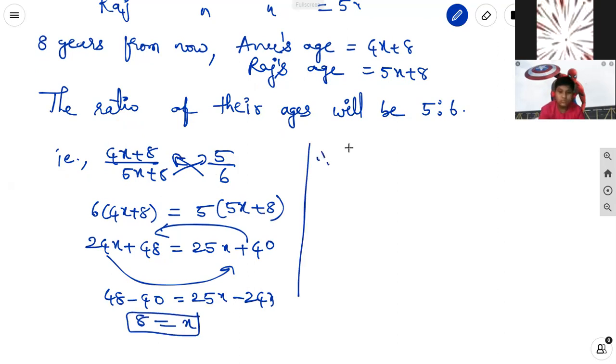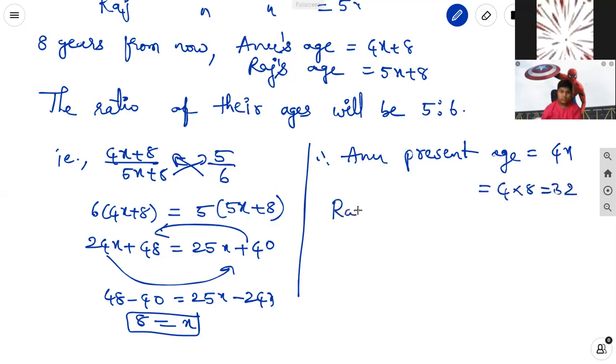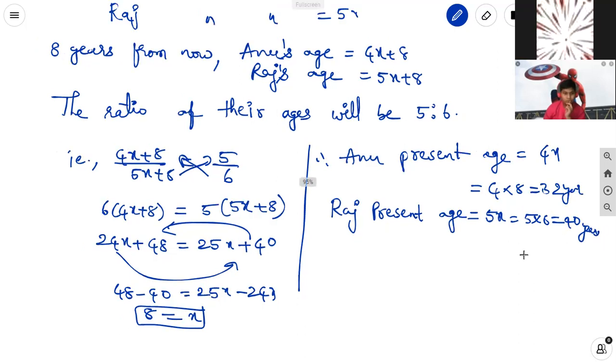Therefore, Anu's present age equals 4x, that is 4 into 8 equals 32. Raj's present age equals 5x, that is 5 into 8 equals 40 years. Therefore, Anu's age is 32 years and Raju's age is 40 years.